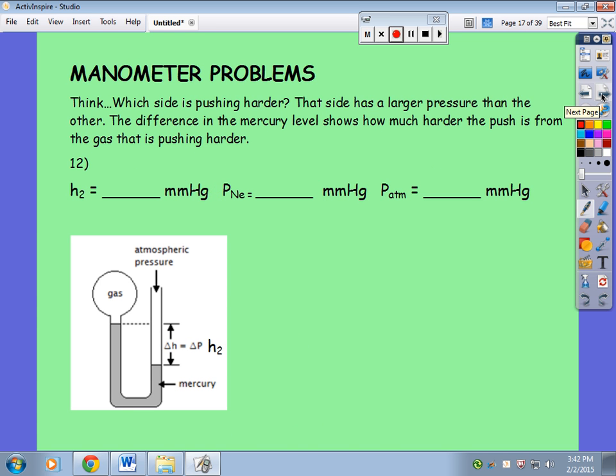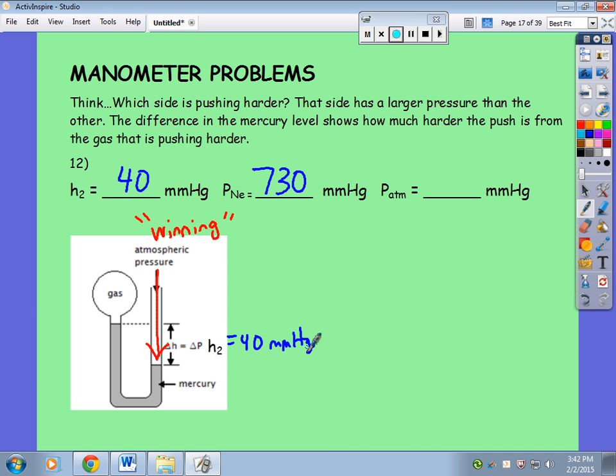All right, let's look at another problem. Who's winning? This is winning. It's winning the pushing war. So this is pushing harder. Now what do we know? Let's say that this is given to you. Let's say that the pressure of the gas is 730. That's given. And this is on your sheet. I just didn't type it on my podcast. And this is given. So we know that this is equal to 40 millimeters of mercury.